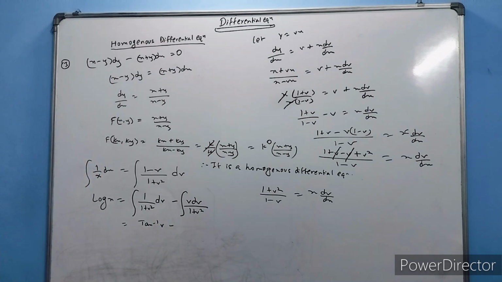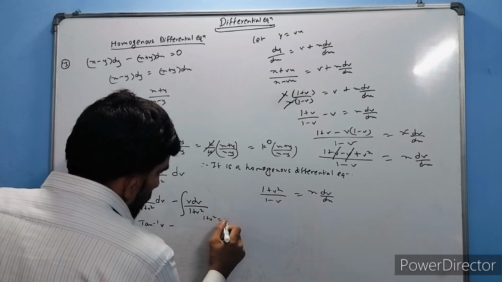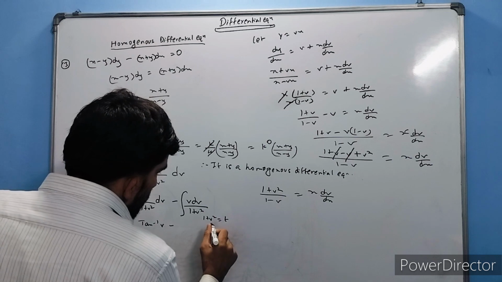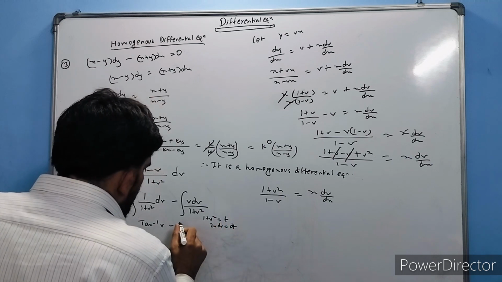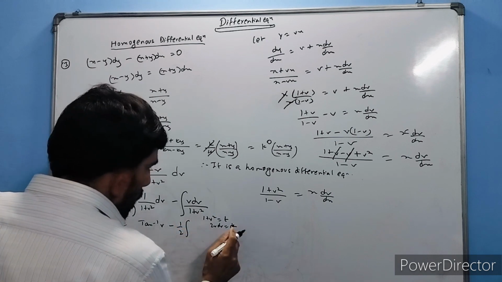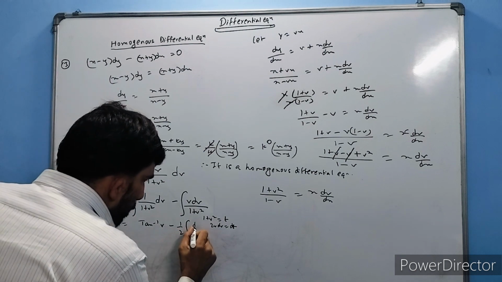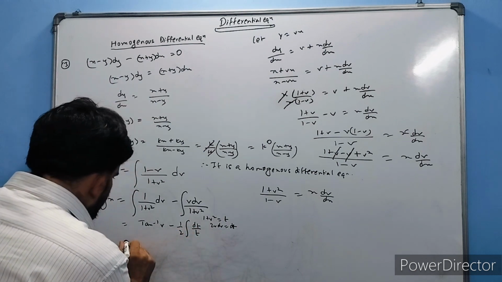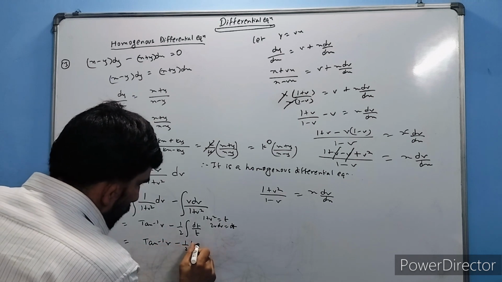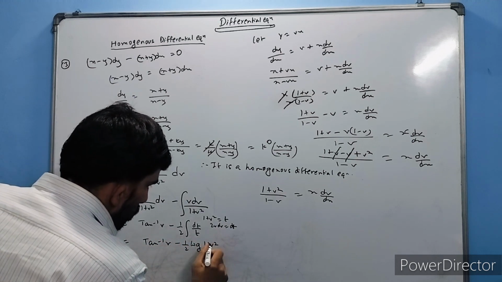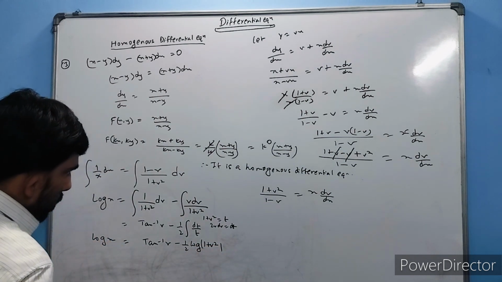Now minus, put 1 plus v square is equal to t, so that 2v dv is equal to dt, v dv is equal to dt by 2. Half I will have here, so v dv is dt upon t. So now I can say tan inverse v minus half log t, we have log 1 plus v square, and here we have log x.